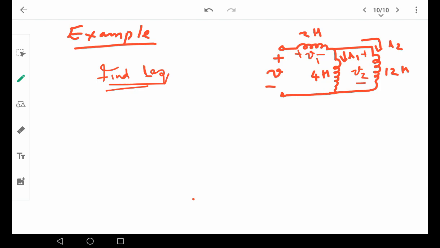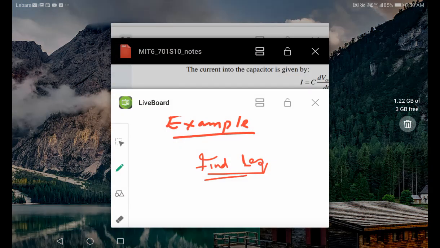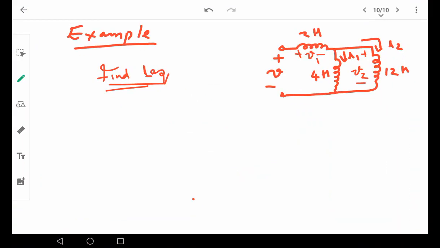Okay, so first for finding L equivalent, what we do is we can draw the circuit. This is 2 Henry, and you have 4 and 12 coming in parallel, right? So you can find out the equivalent inductance as 4 into 12 divided by 4 plus 12. 48 by 16 is 3 Henry, right?